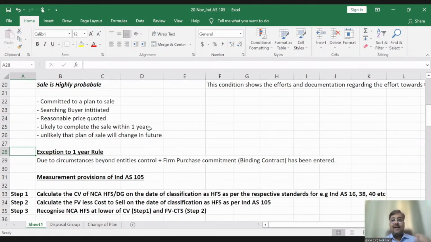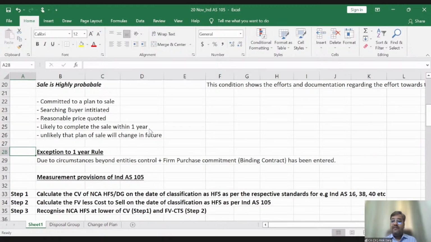First, this is beyond my control. Second, there is already a binding agreement between me and Manini, okay? So even if it extends beyond 1 year, I will still classify that asset as non-current asset held for sale.